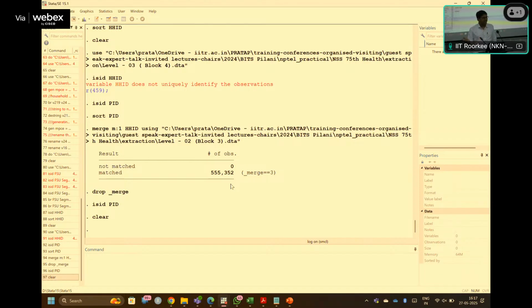We have to again check with the ISID of their unique variables. Then I think the rest of the things follow the same process which I have just mentioned. And good that you have asked. Actually, in some of the rounds we require reset. Is it fine?